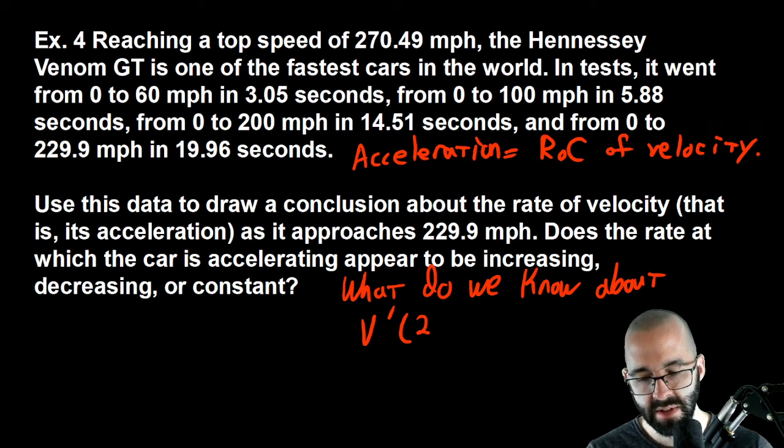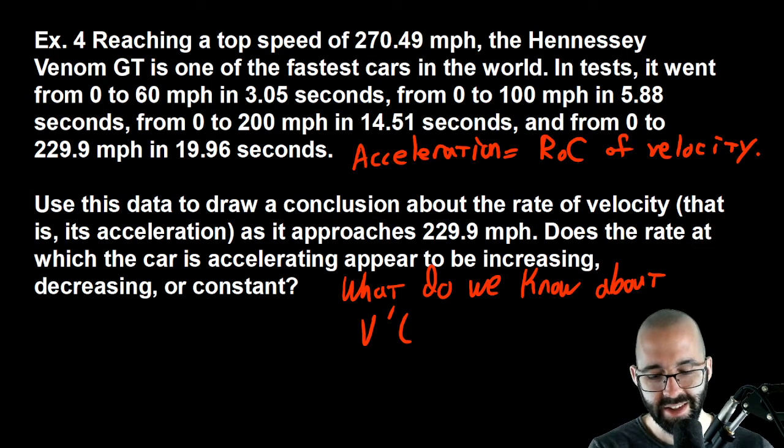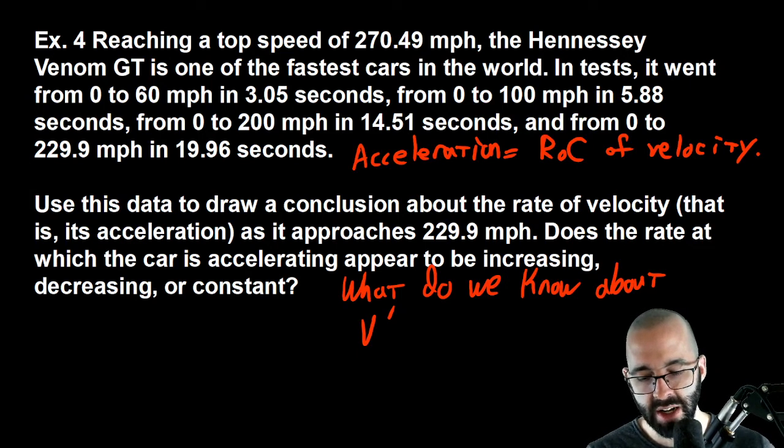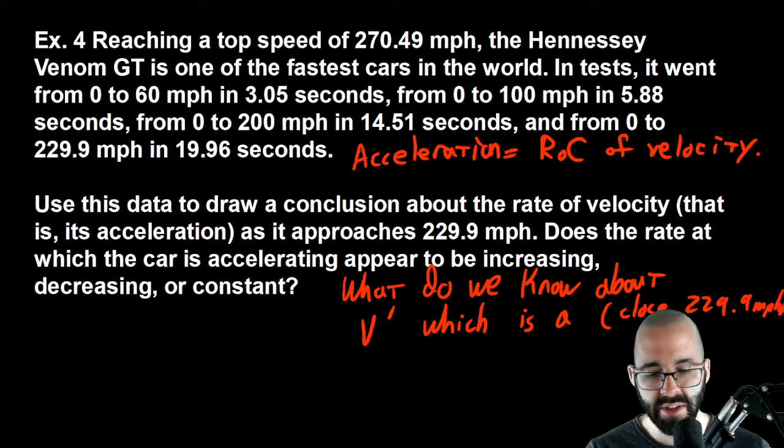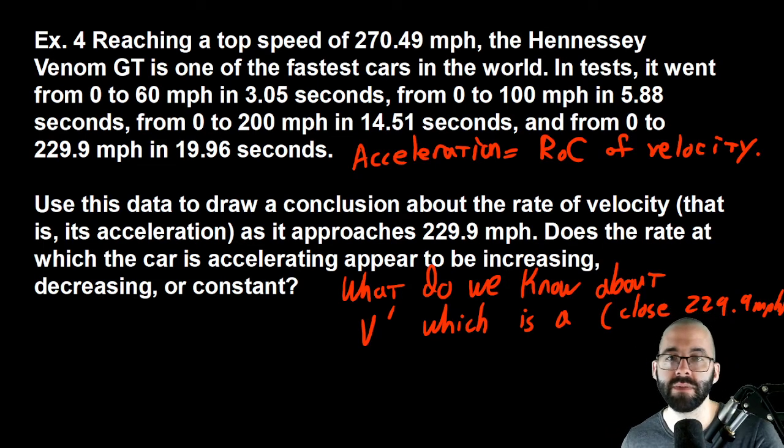We don't know what time that is. We want to know about v prime, when it's close to 229 miles an hour. And then there's a second part of the question as well.